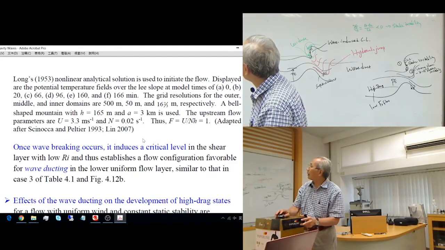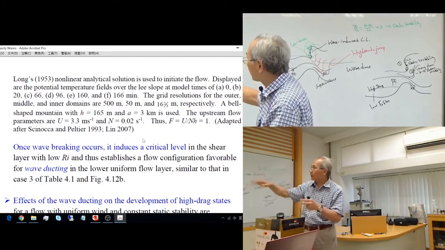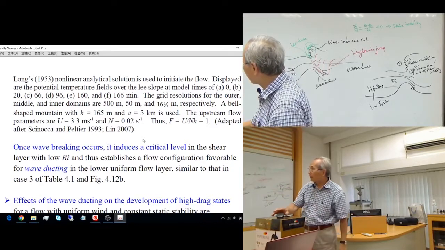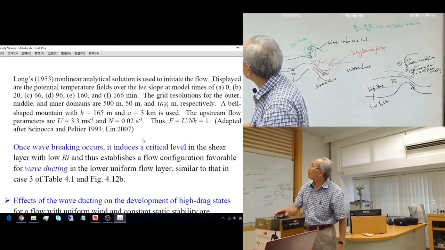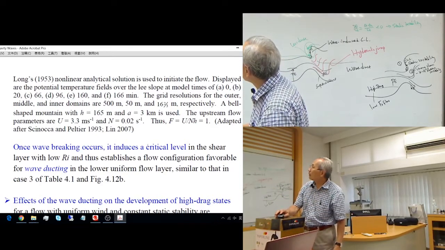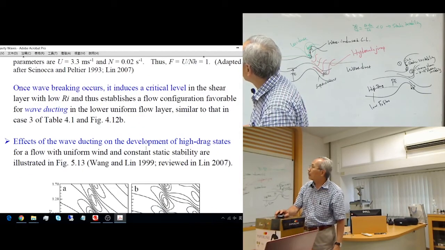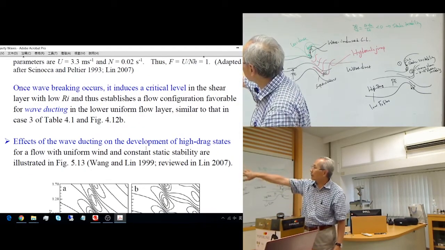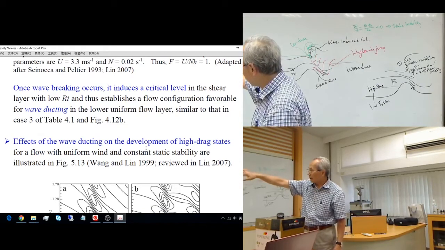And then there are some other theories being proposed along this side, like Lin and Wang. Wang is my former student, and they also kind of go along this line.